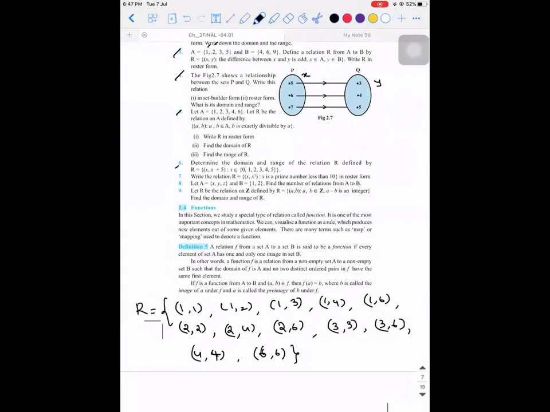The sixth one is: determine the domain and range of the relation R given by R equals (x, x plus 5) such that x is equal to 0, 1, 2, 3, 4, 5.